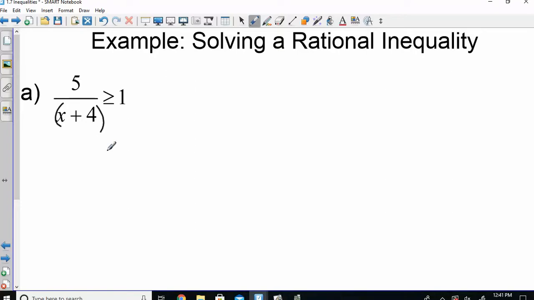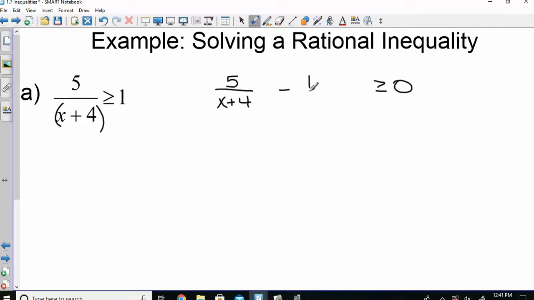So our strategy instead, with quadratics, we always wanted a 0 over there, and then we factored. What we're going to do is get it equal to 0 and get a single fraction on the other side. So I'm going to start out by subtracting over my 1. So I've got my 0.